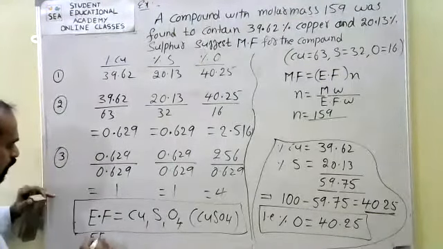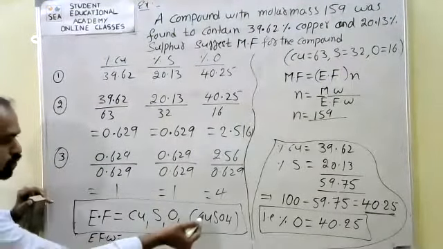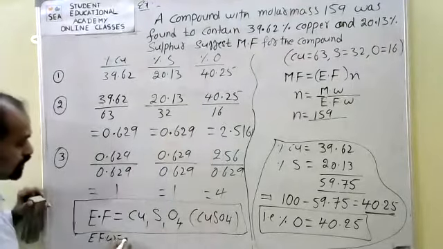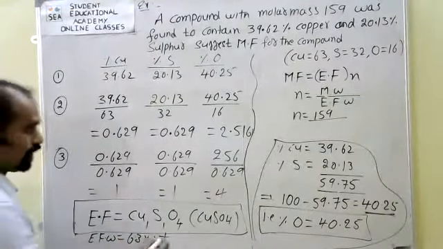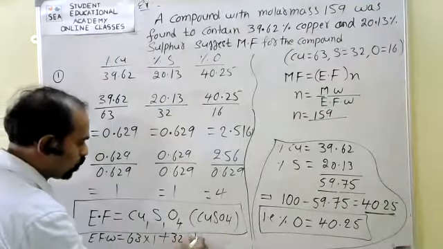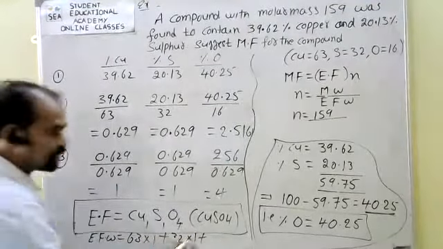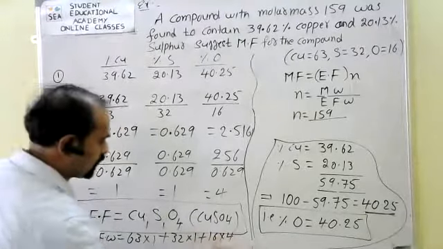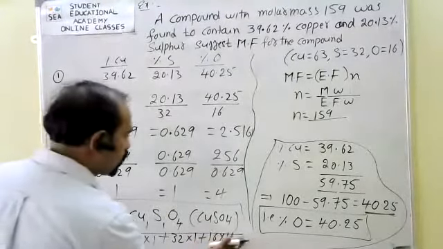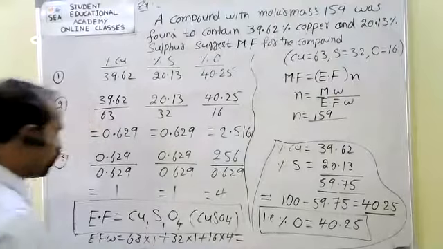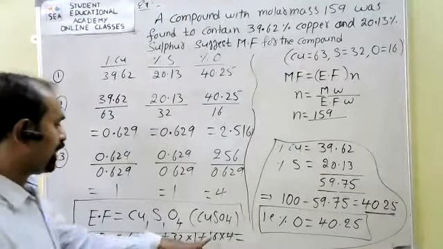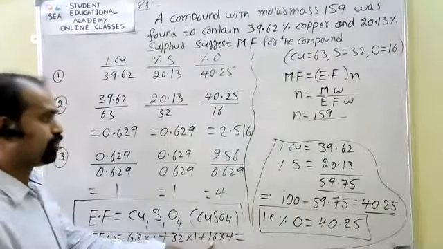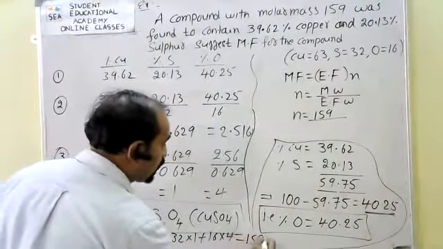See, this empirical formula weight equals copper 63 into 1 copper only, plus sulfur 32 into 1 sulfur only, plus oxygen 16 into 4 oxygens. That is 63 plus 32, that is 95. 95 plus 64 equals 159.